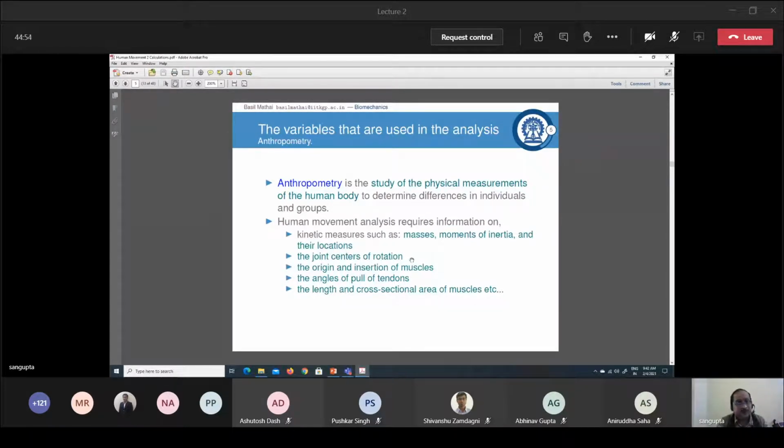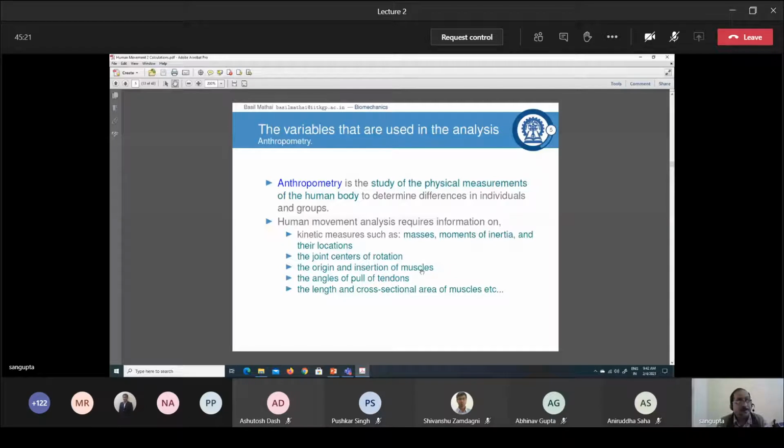Joint centers of rotation, the origin and insertion of muscles, the angles of pull of tendons, and the length and cross-sectional area of the muscle. Particularly the length and cross-sectional area, these things you will need for the inverse dynamics calculation at the end. Okay. Also the origin and insertion of the muscle.